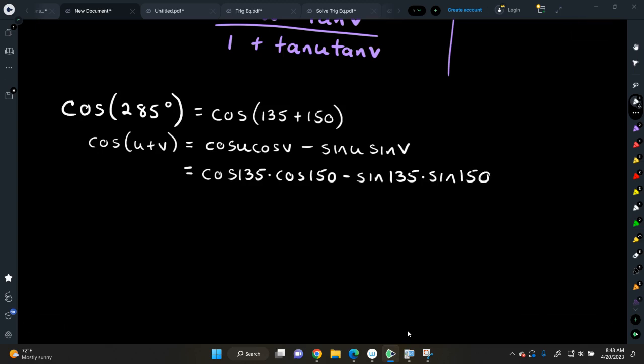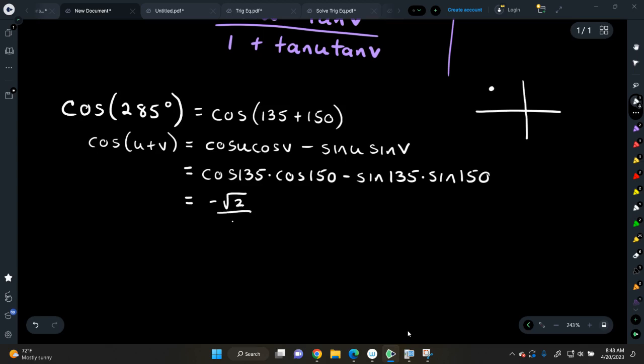Okay, so let's look at our unit circle. Where's 135? Right here. So the cosine of 135 is negative root 2 over 2, times the cosine of 150, so that's negative root 3 over 2, minus the sine of 135, which is positive root 2 over 2, times the sine of 150, which is positive 1/2.